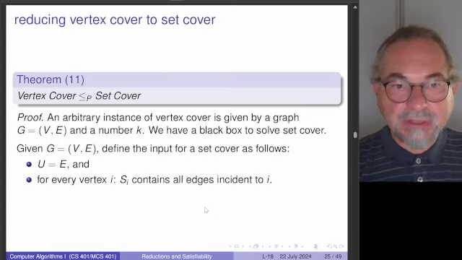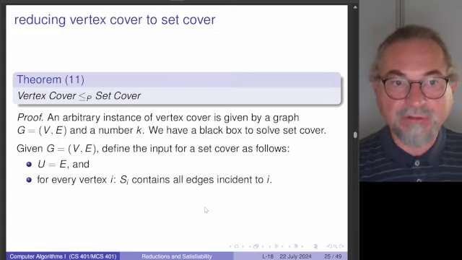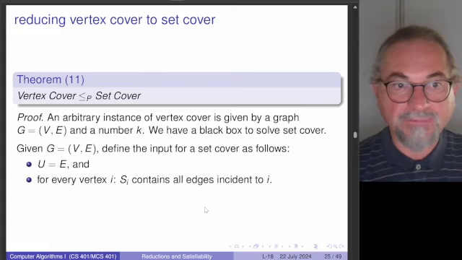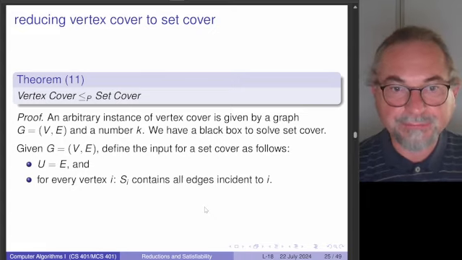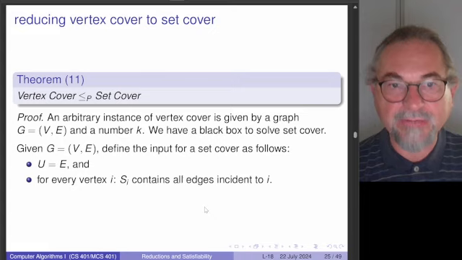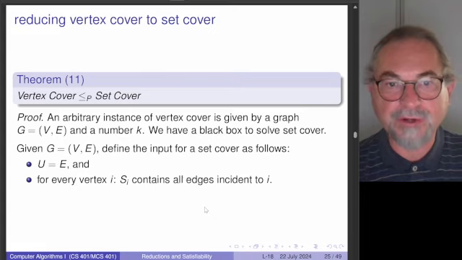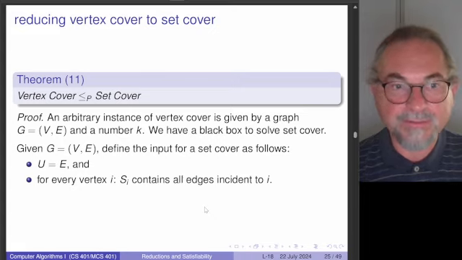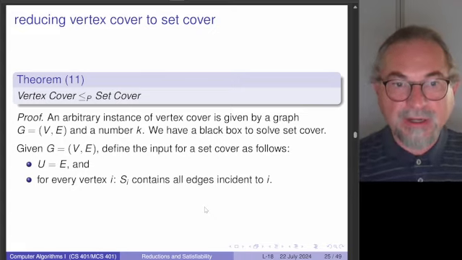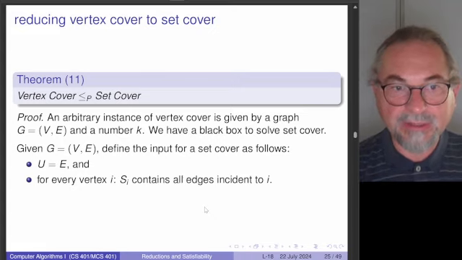We can see the vertex cover as a graph of vertices and edges. Suppose that we now have a black box solver for the set cover. Then how do we define the inputs for our black box solver?